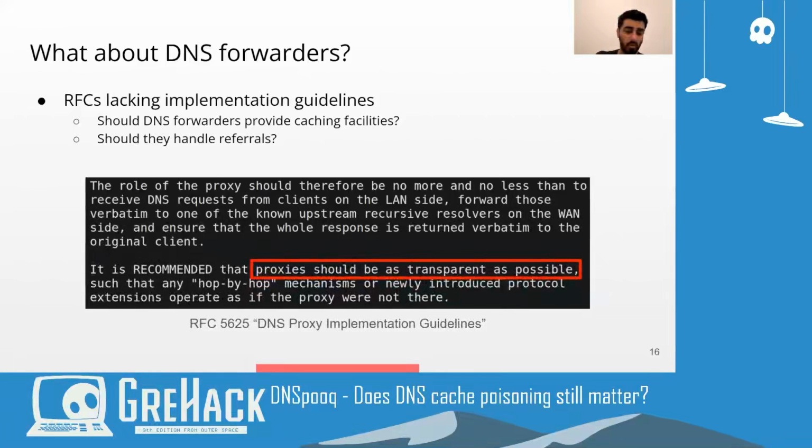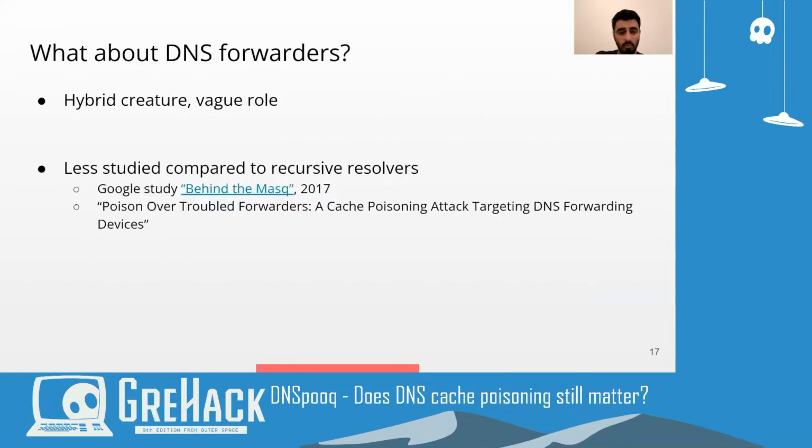But as we know, DNS forwarders do more than that. So this is a hybrid creature in the DNS zoo, and it has a vague role. Therefore, it is an interesting object for study.